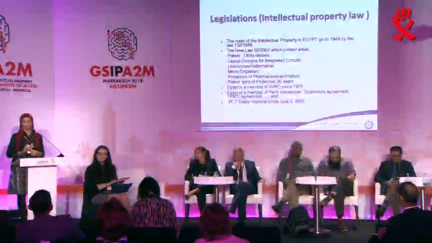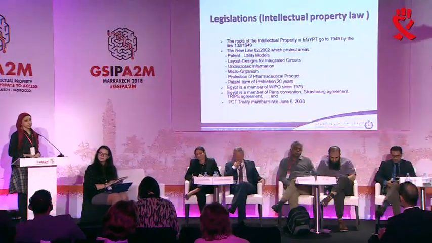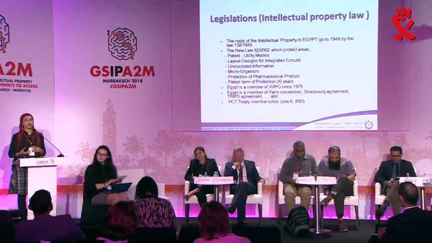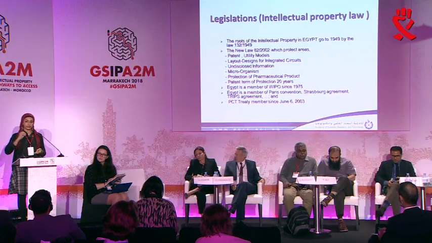We had to make pharmaceutical compounds patentable. So, lucky Egypt, our policymakers were familiar with the consequences of implementing the TRIPS agreement and amending the law, so they applied all the flexibilities of the TRIPS agreement in that amended law.